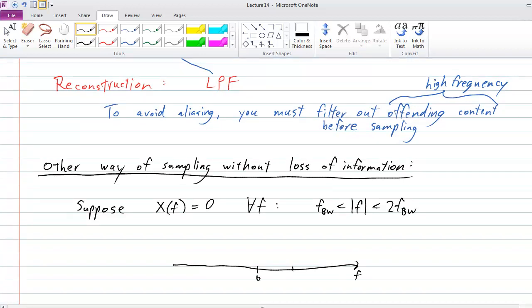There's 0, f bandwidth, 2f bandwidth. We have something like that, and since it's a real signal, it's going to be symmetric over here. Okay, so this is our X of f.